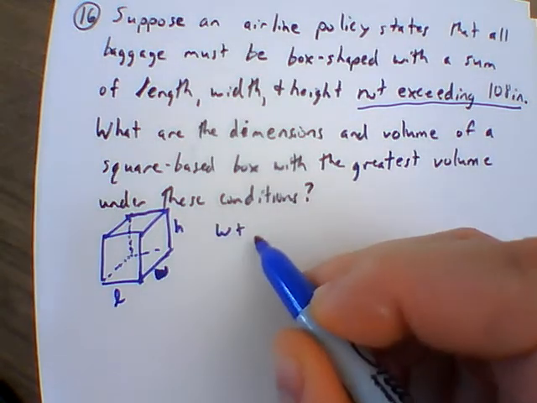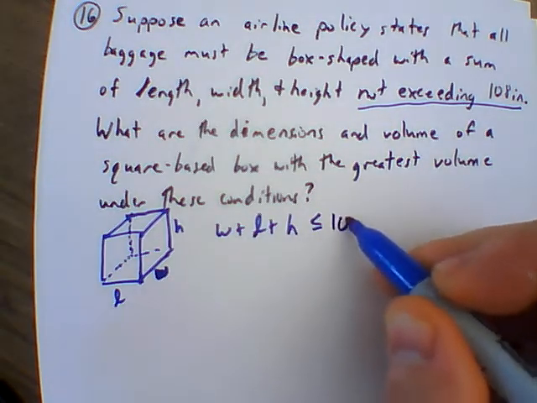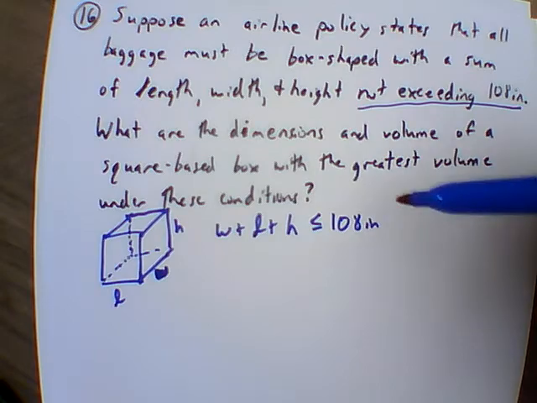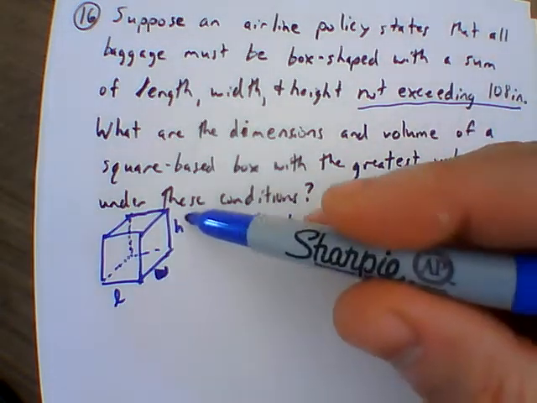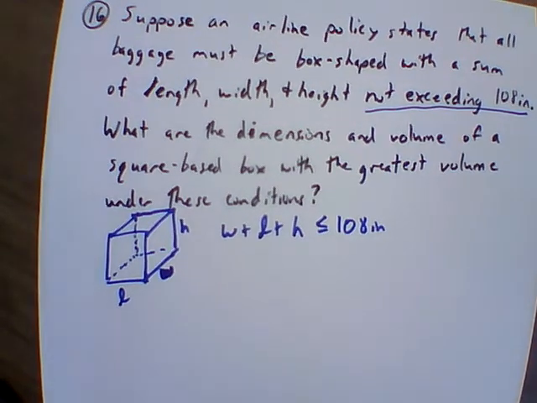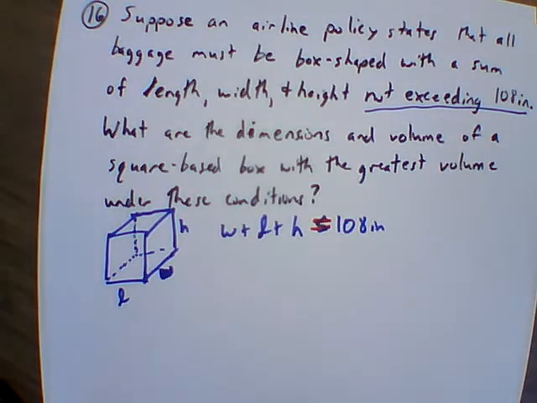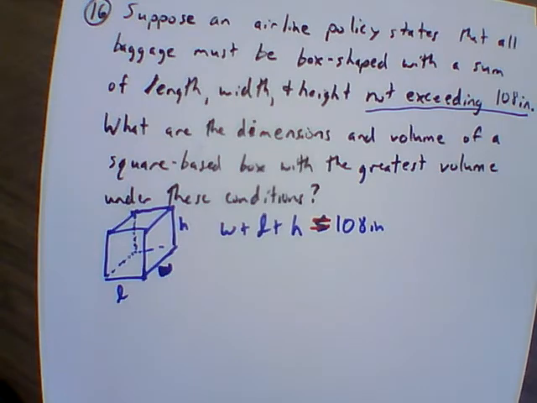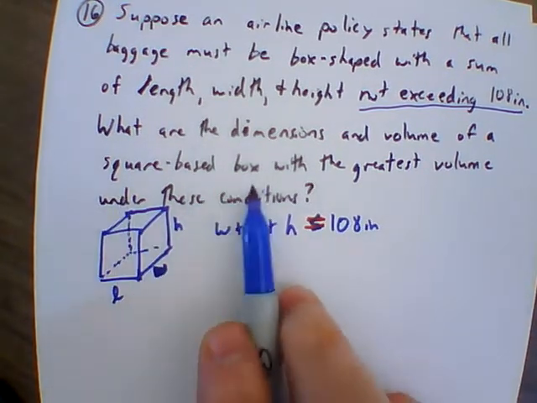So width plus length plus height has to be less than or equal to 108 inches. If this is smaller than 108, that means this is just going to be a smaller box. So we'll change that, and let me get my red here, we'll state that we want it to be equal to 108 inches.